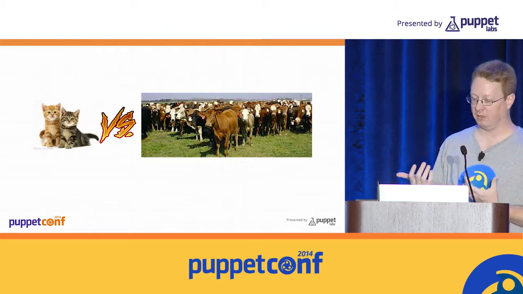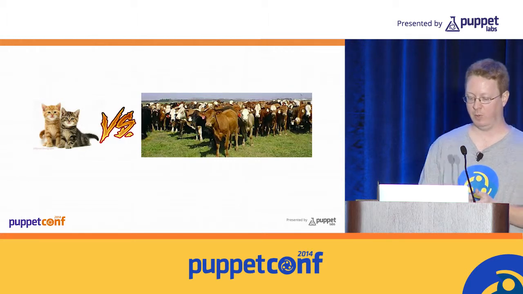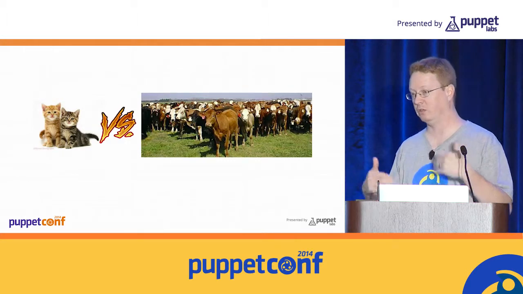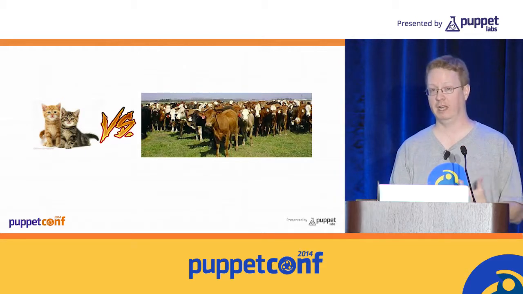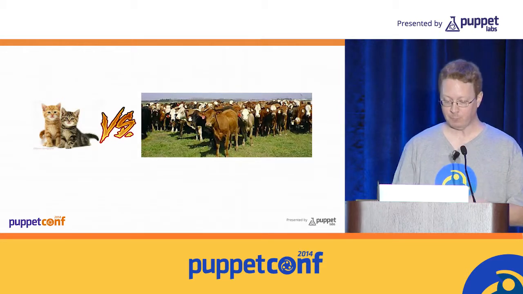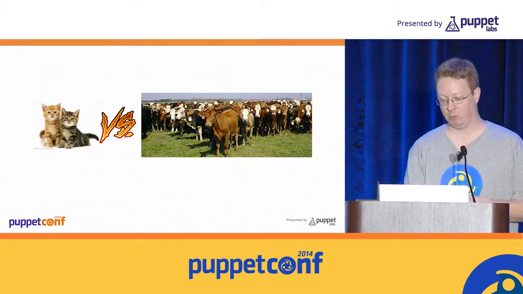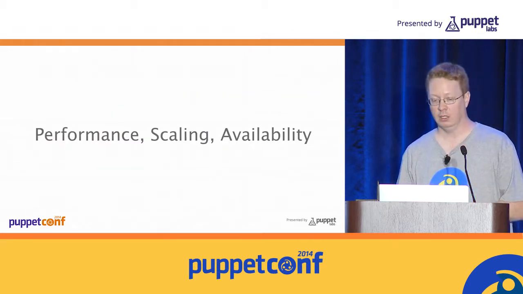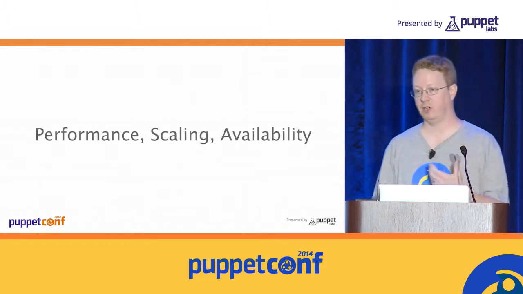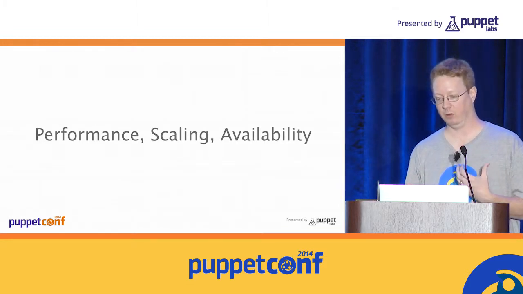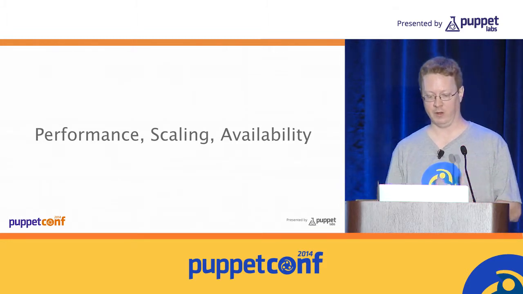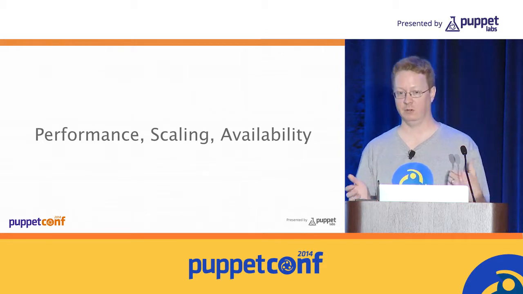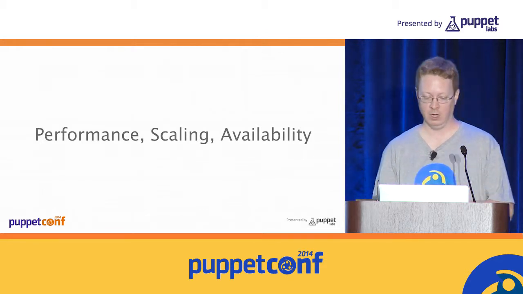So obviously, a side effect of this is that Puppet users have more and larger numbers of nodes that they want to be able to manage with Puppet. That's led us to focus more and more of our attention on performance, scaling, and availability. The more agents you connect to your master, the more load it puts on that server, and then we have to figure out solutions when we reach the maximum capacity that a single machine can handle.